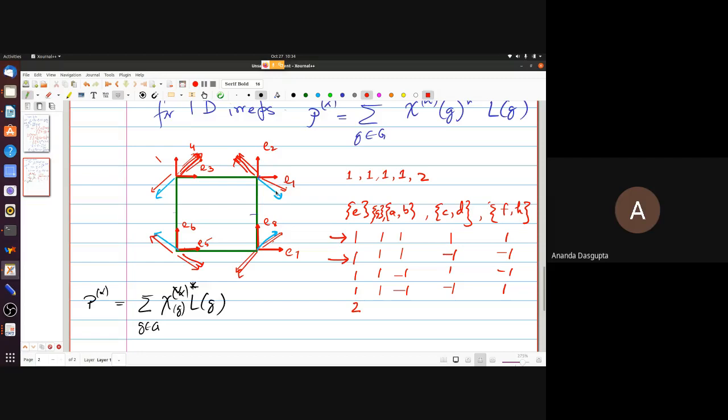Now realize that unless you're very, very unlucky, if you make an arbitrary choice, it's very unlikely that the vector you have started out with will not have any piece of the irrep you're looking for. Is that okay? Anyway, if that happens to be the case, then start again with another vector. As simple as that.